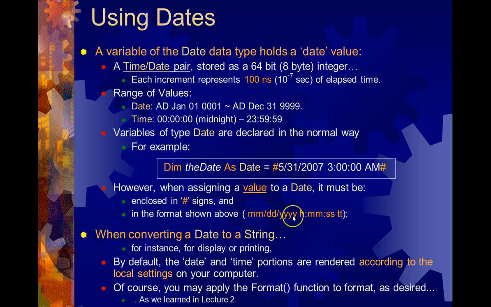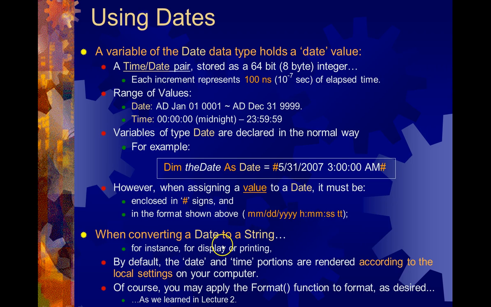And the year has to have 4 digits in it. The day has to have 2 digits in it. And the month, I thought it has to have 2 digits in it, but it only has 1. Maybe this doesn't have to have 2 digits either. Maybe that's optional. Okay? And so on.